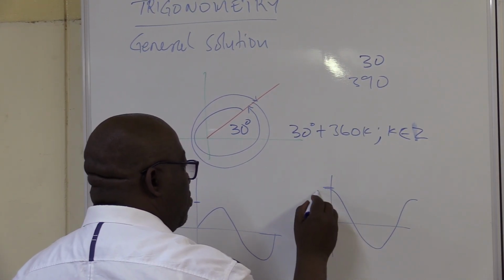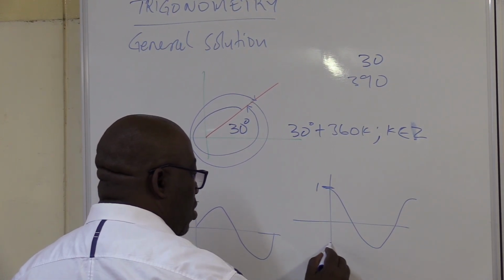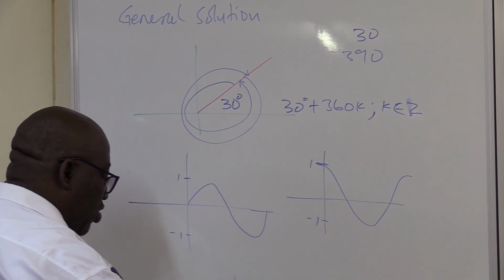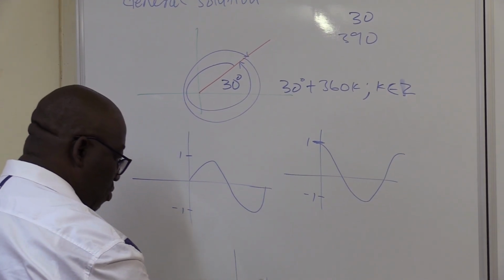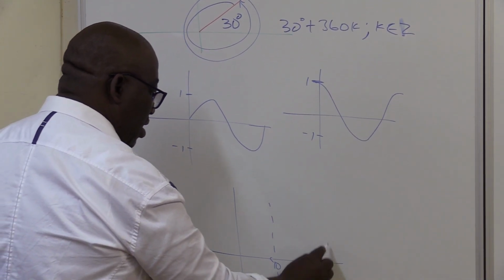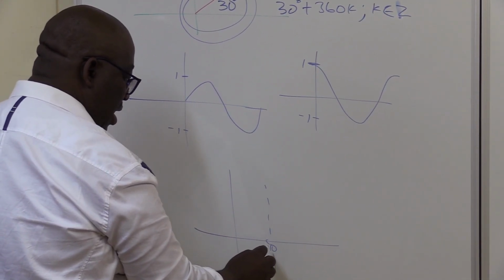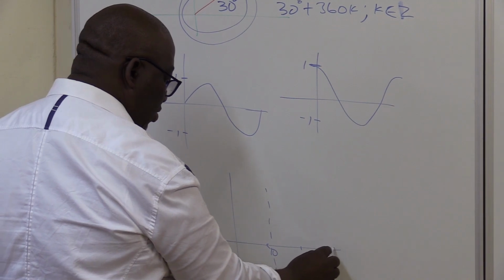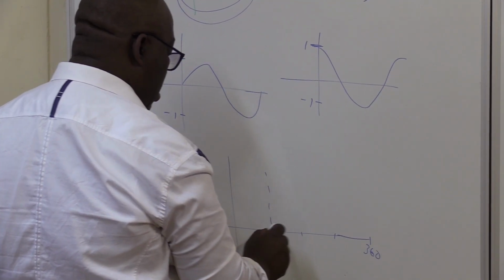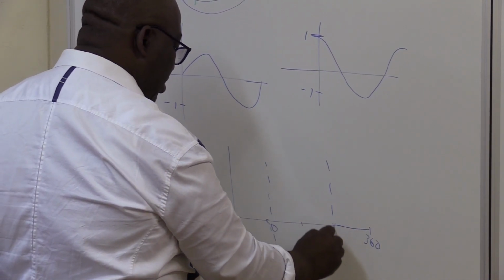Remember, this will be 1, and this will also be minus 1. Look at the tan graph, how it generally looks. Remember, we've got asymptotes at 90 and 270. So it's 90, 180, 270, 360. We also have asymptotes there.